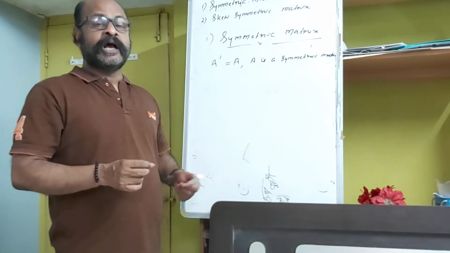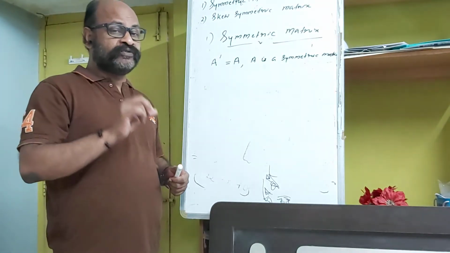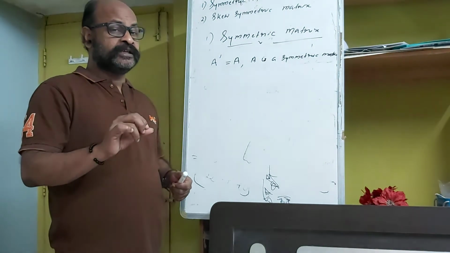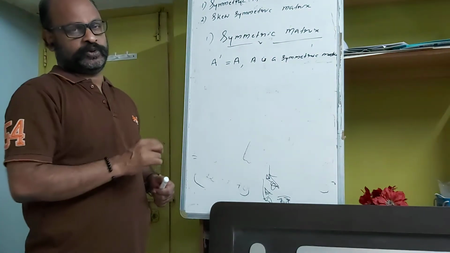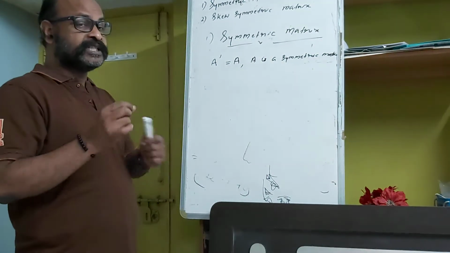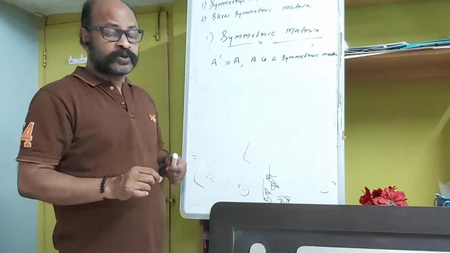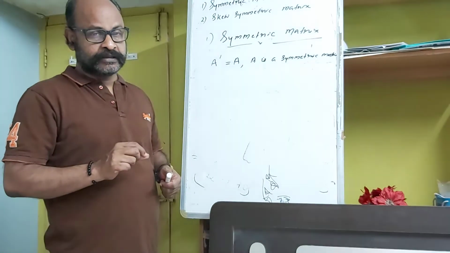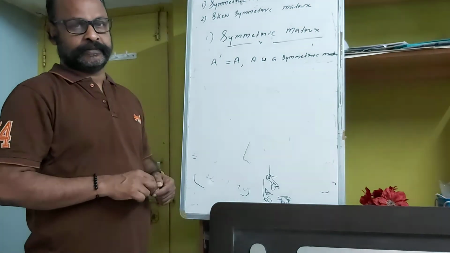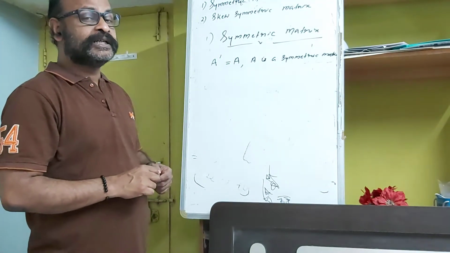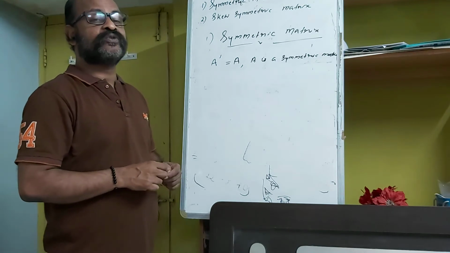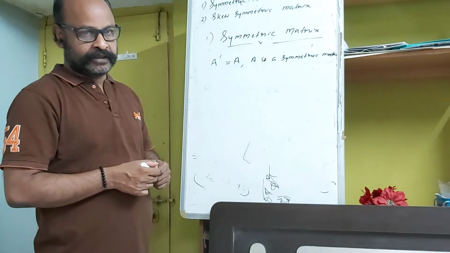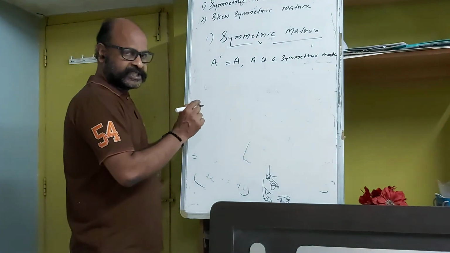Since A and A transpose are of different orders, there is no chance of A becoming equal to A transpose. So for A to equal A transpose, the first condition to be satisfied is that A is a square matrix, and thereafter the transpose of A is the matrix A itself. Clear? Okay.